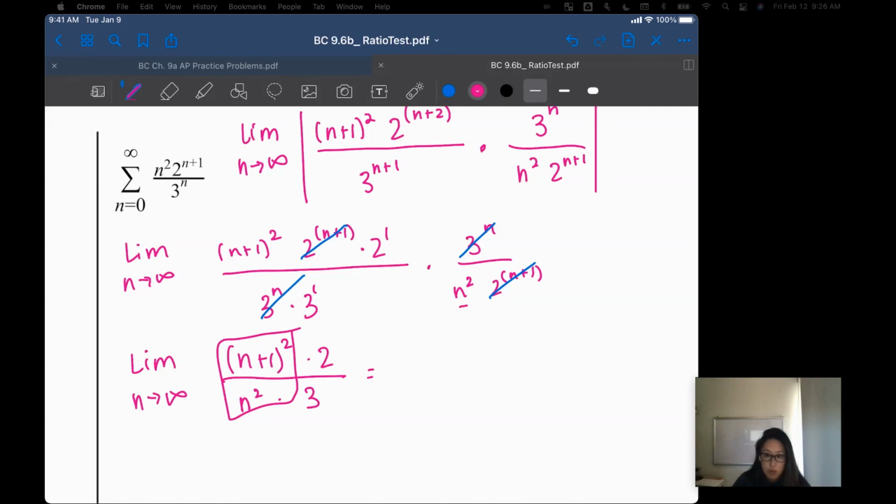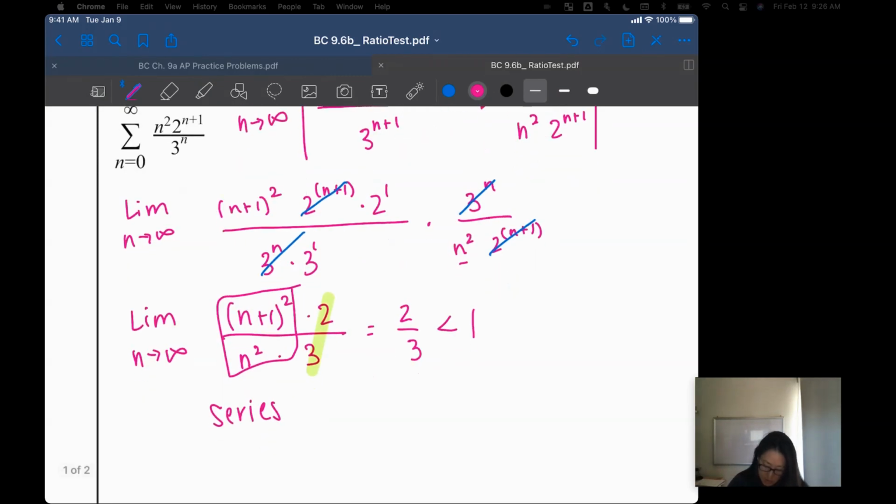So what I do is I just divide the coefficients, 2 over 3. So I get the limit is 2 over 3, which is less than 1. So the series converges by ratio test. Excuse me. Okay. All right, a couple more.